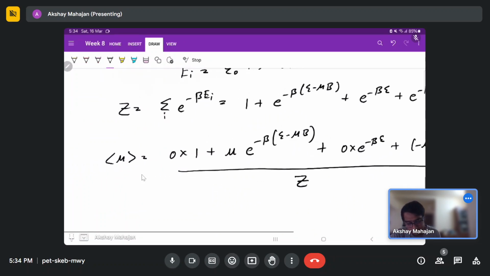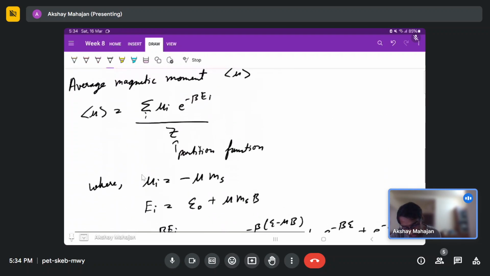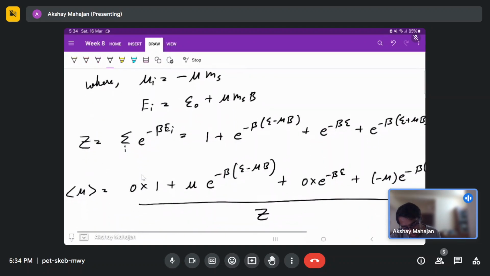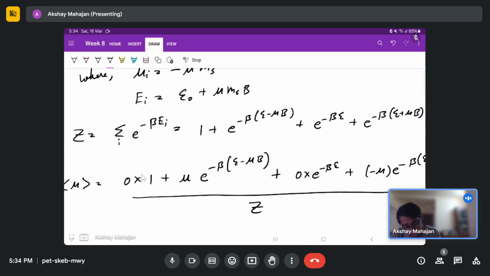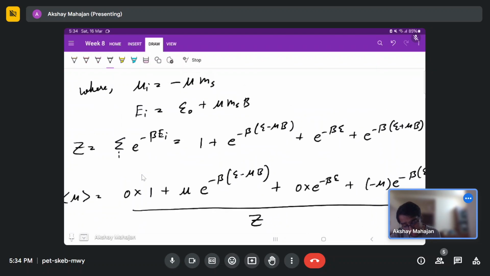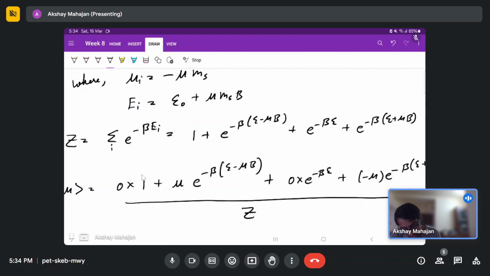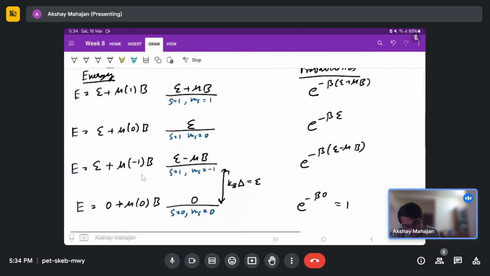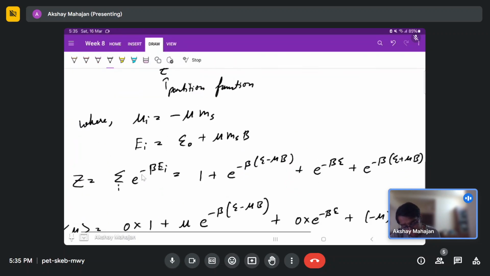Okay, so this point is clear, right? The average magnetization is the summation of mu_i, and mu_i is given by minus mu times m_s. For the ground state, m_s is 0. This next term is basically for m_s equal to minus 1, we have m_s equal to minus 1 at the bottom, so minus 1 will give you plus mu.